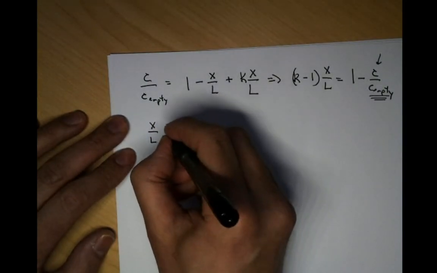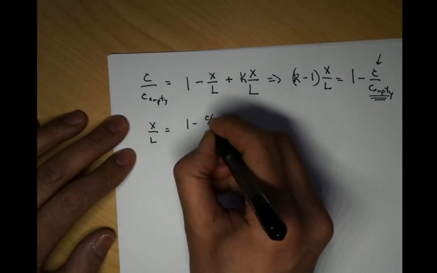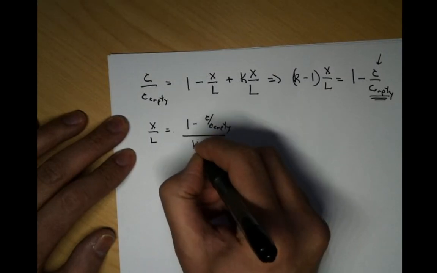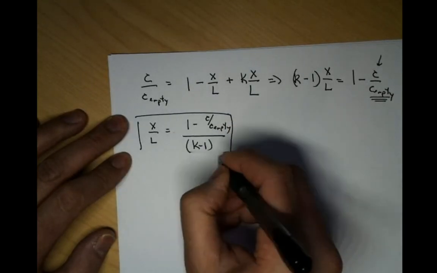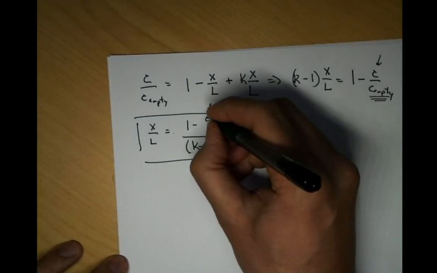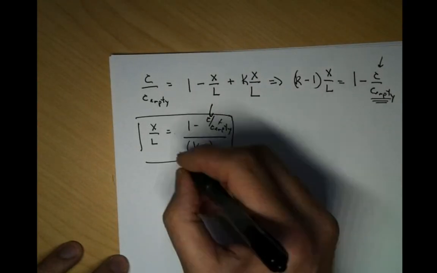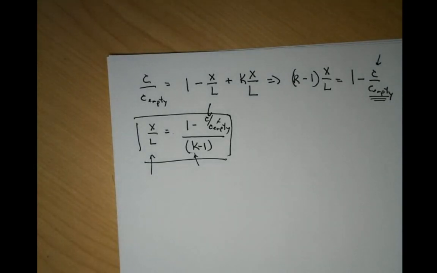This is equal to 1 minus C over C empty, divided by kappa minus 1. So by measuring the capacitance here, knowing what the material is going to be, I can tell you exactly how full my gas tank is going to be. So that's basically one useful application of dielectrics.